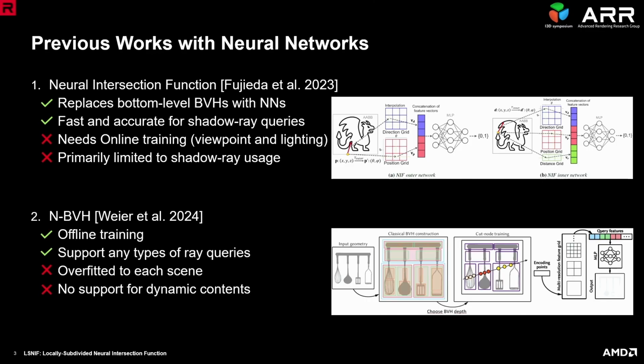Although NVVH doesn't require any online training, by learning arbitrary rays in the entire scene, the model needs to be trained on a per-scene basis. So we need to train different neural models for different scene settings. This restriction prevents further modifications such as object transformation and interactions, like adding an object into the scene.